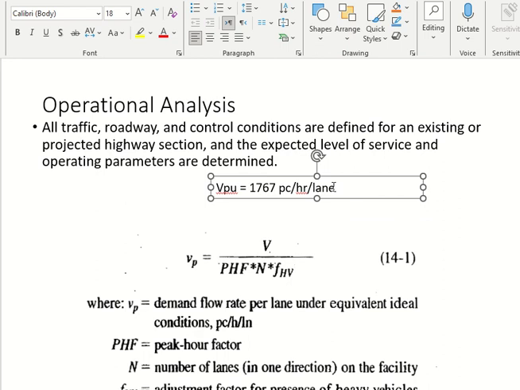Okay, and down? 1443. You just change the FHV, right?